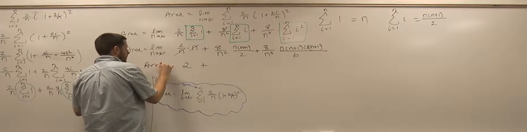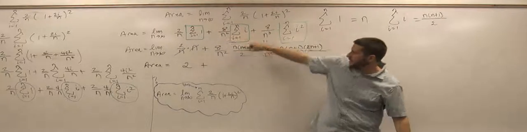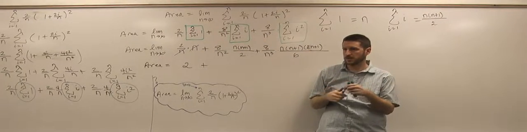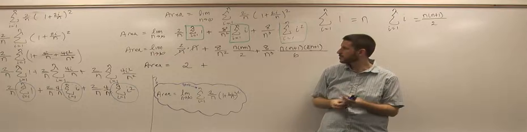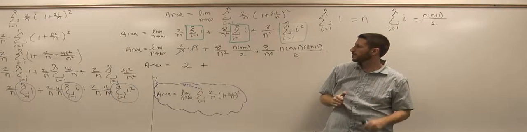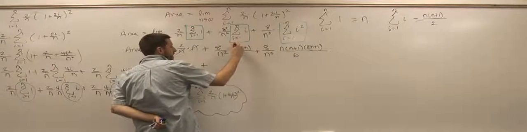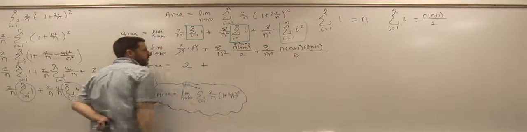Plus. All right, now it gets a little trickier. What's this limit here and why? So this guy here is n squared plus n, right?